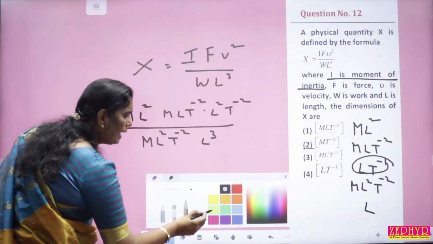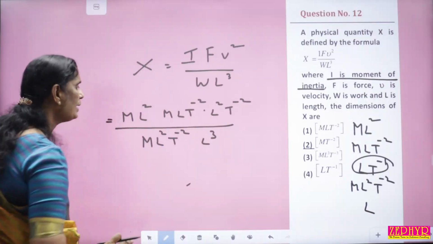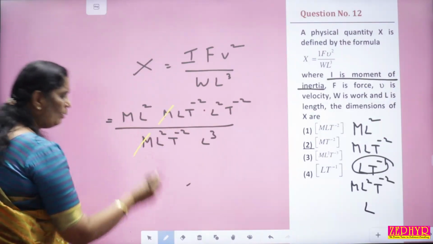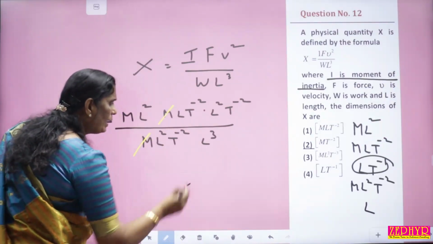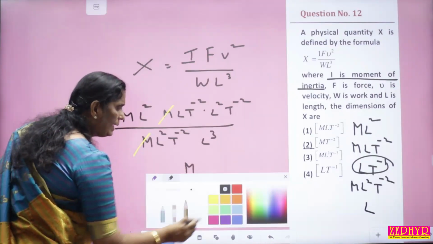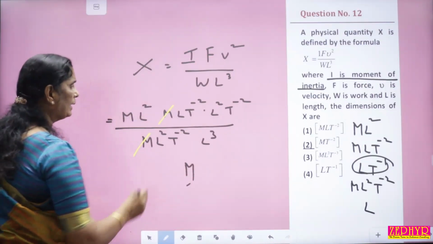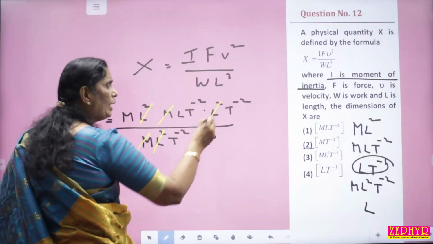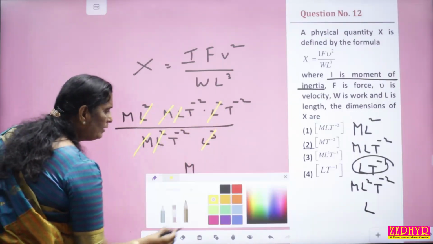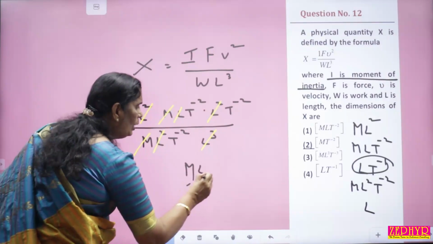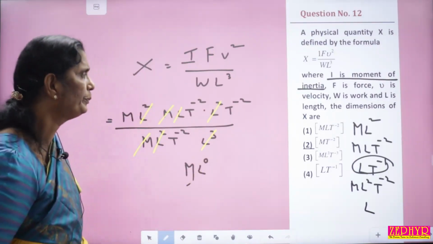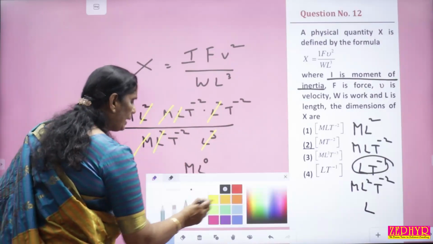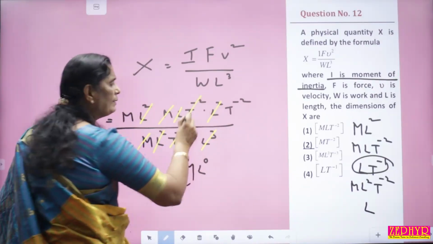That's all. Now start cancelling the terms. Okay, M gets cancelled. We'll have only one M. So write only one M. Next, again cancellation. L square gets cancelled. L cube gets cancelled. So there is no L at all. Again t square gets cancelled.